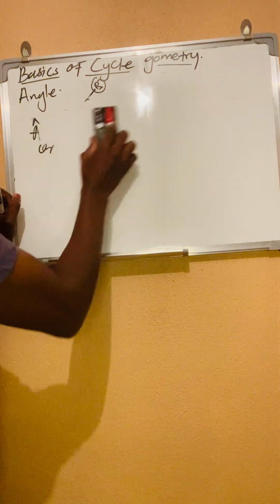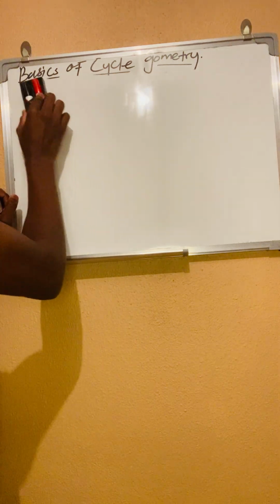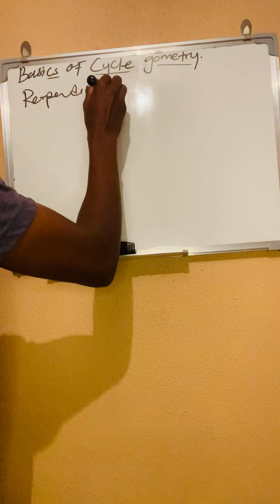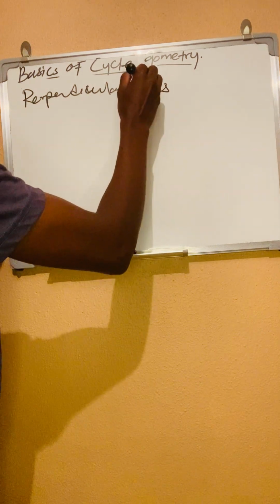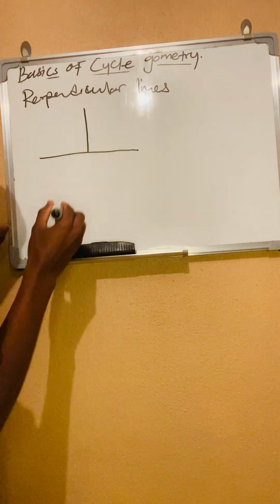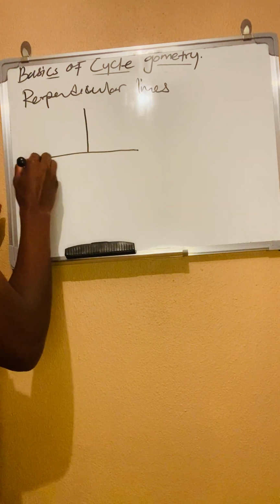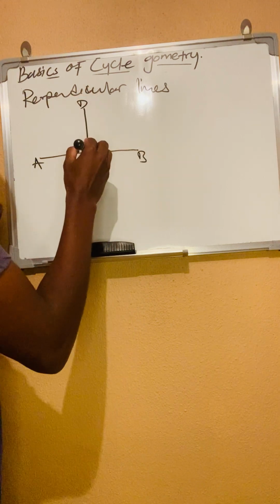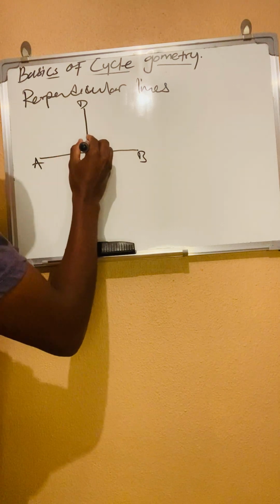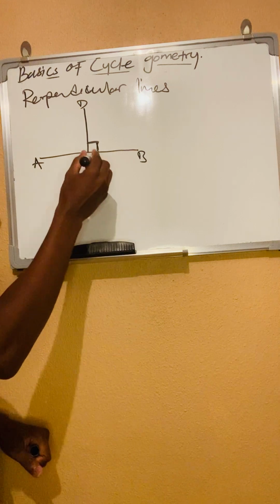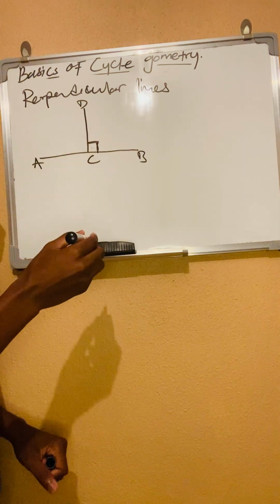So now we have these two lines called perpendicular lines. These are two lines that meet at an angle of 90 degrees. For an example, this line here. These two lines are perpendicular because there is an angle of 90 degrees there.